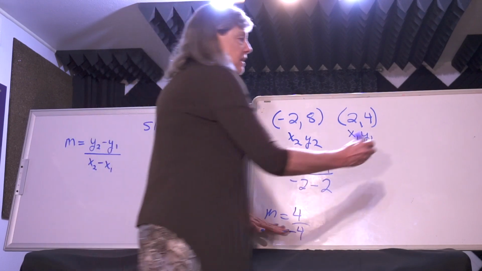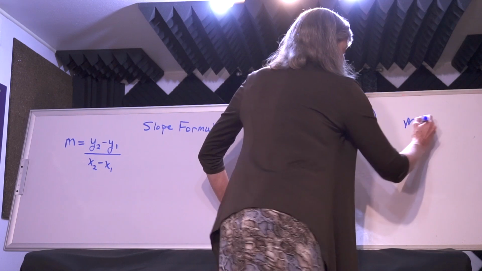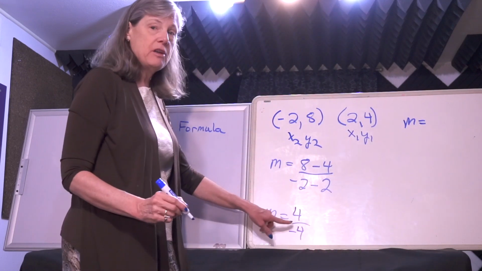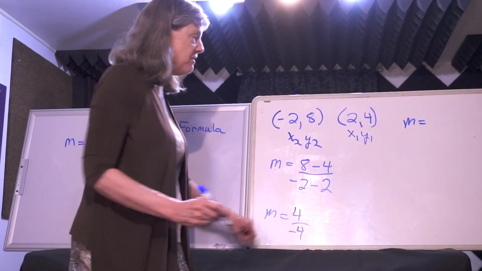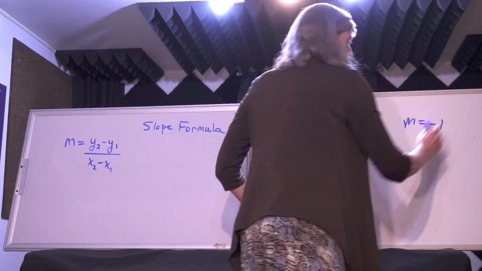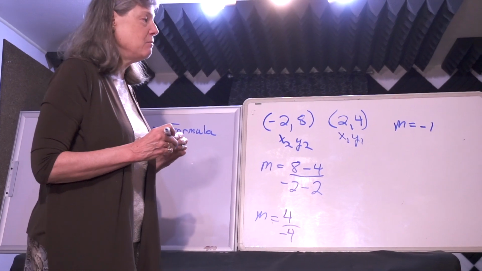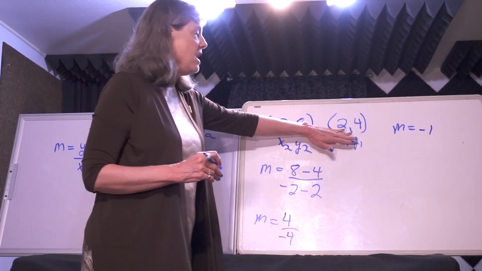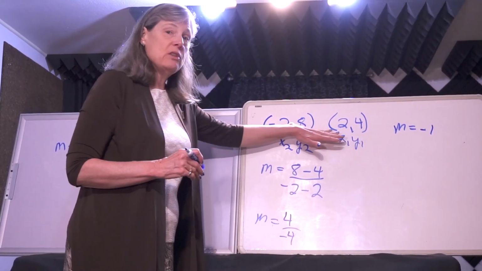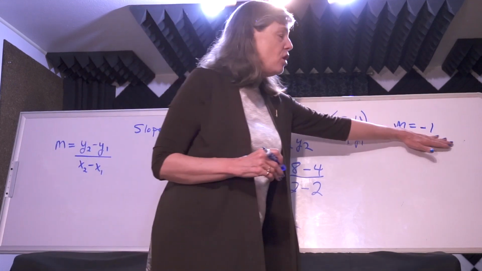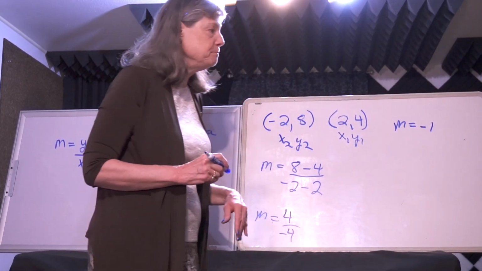And again, anything over itself equals 1, and positive divided by a negative is negative 1. So it doesn't matter which way you do it, you should get the exact same answer, because the line that these 2 points go through has a slope of negative 1 no matter what.